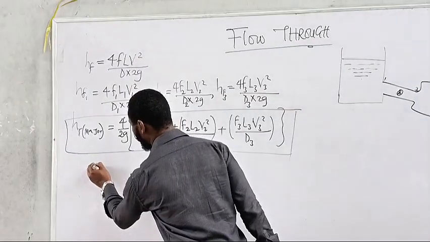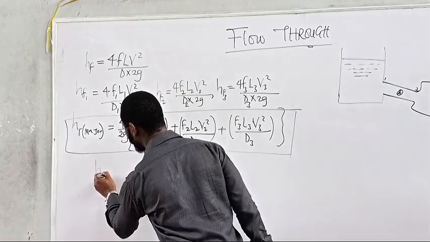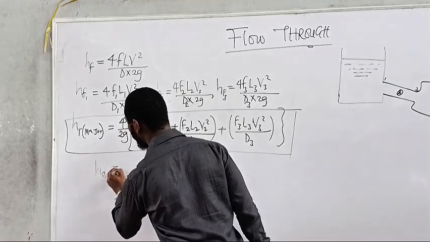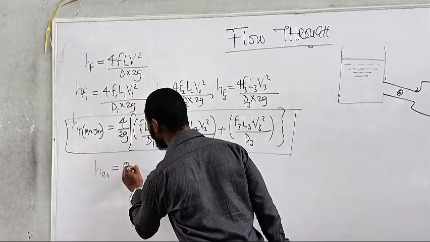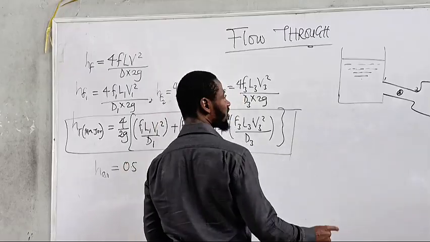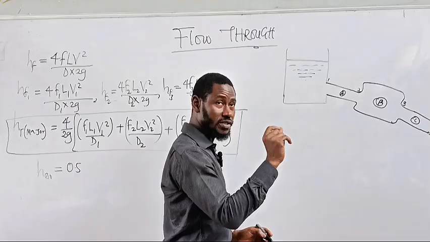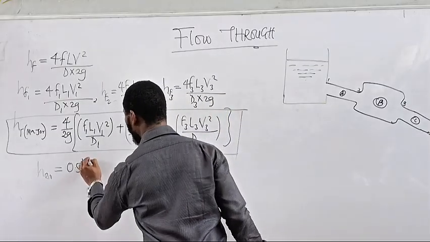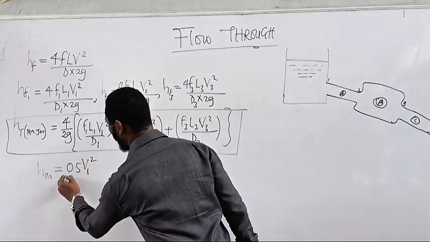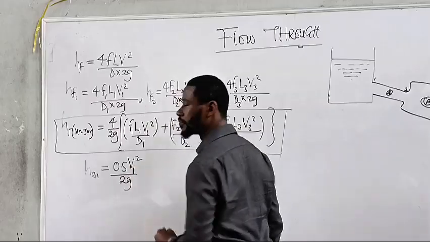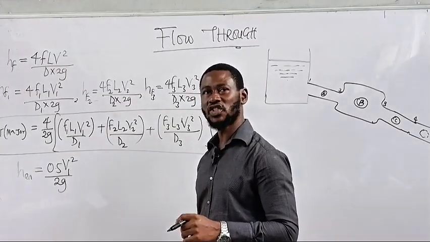So the head loss at the entrance of the pipe is given as 0.5 times the velocity head, where V at this level is V1, so 0.5 V1 squared over 2g. That is at the entrance.